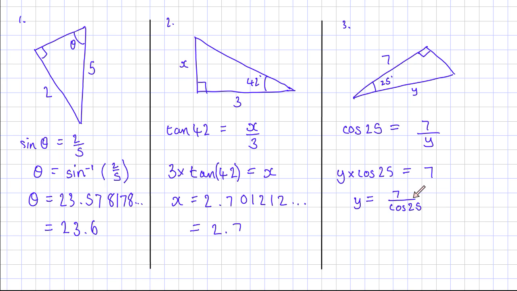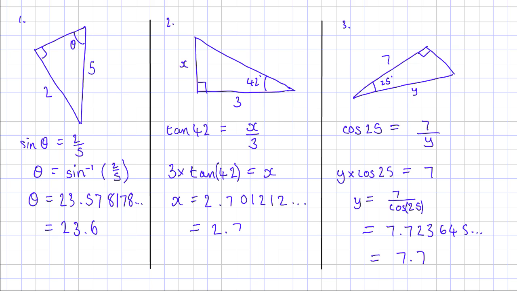So put this into your calculator, and again, if your calculator does open a bracket here, make sure you're closing it there as well, and see what you get, and you should get 7.72365 and so on, and to one decimal place this would be 7.7. So this length here would be 7.7 to one decimal place.